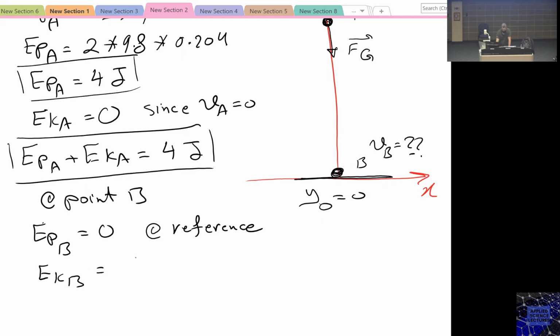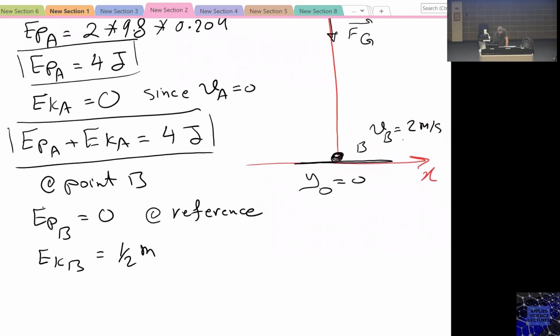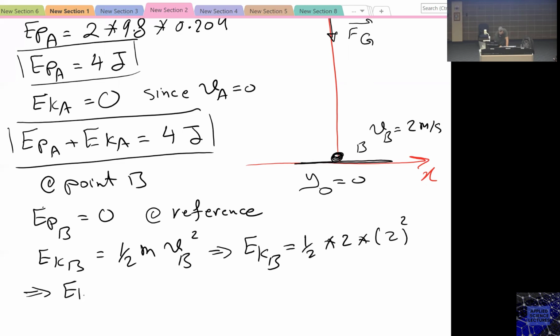EKB as half m vB squared. I know vB here. It's 2 meters per second, right? vB is given to me, 2 meters per second. EKB is half times 2 times 2 squared. EKB is 4 joules.